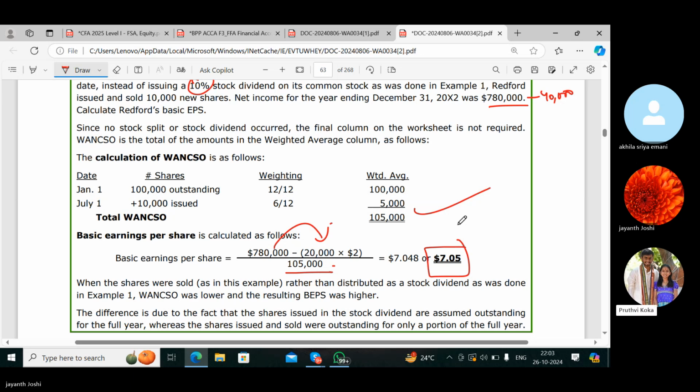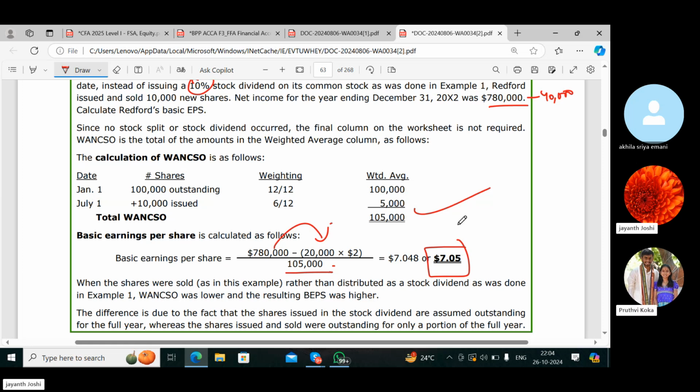Sir, they gave that EPS was higher in the second one, no? I didn't understand why. When shares were sold rather than distributed as a stock dividend, as was done in example 1, WANSO was lower and the resulting basic EPS was higher. See what happened: stock dividend was given, right?